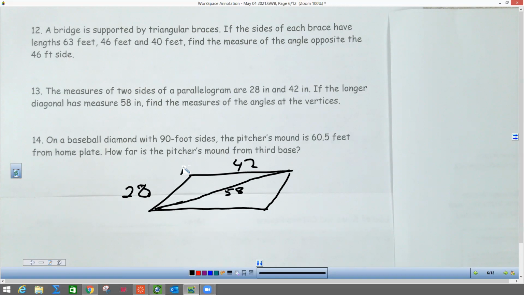Okay, so we need to find these angles. We got to find this angle, right? Maybe I should label all these. Now, once you find A, what other angle do you have? Once you get this angle A, because this is side, side, side, what other angle do you already have?